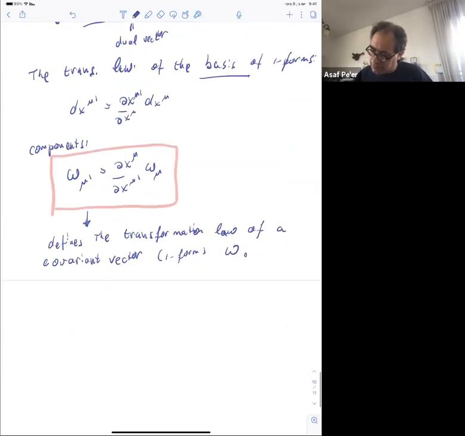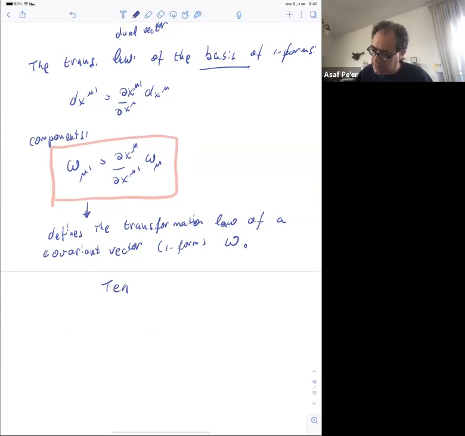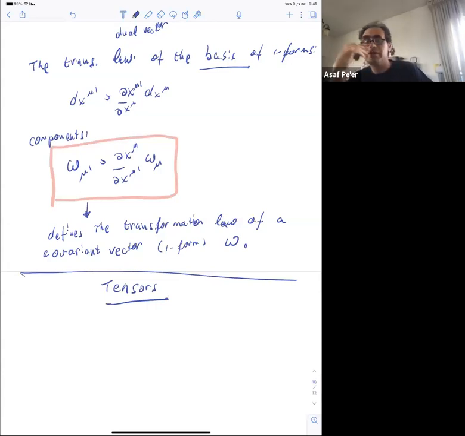Now tensors, of course, the generalization is very straightforward, because we're simply following the same pattern that we did when we talked about special relativity. We're simply replacing the Lorentz transformation with a matrix which represents the more general coordinate transformation.